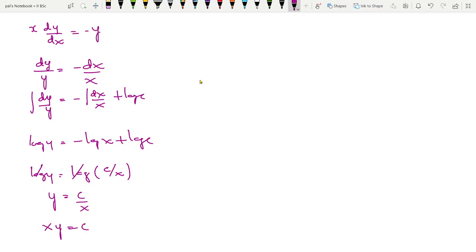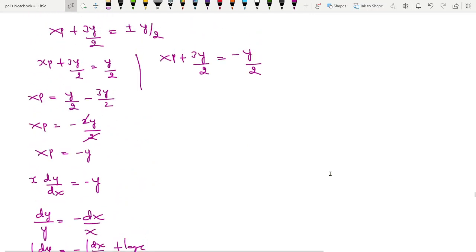Now another solution: simplifying, xp is equal to minus y by 2 minus 3y by 2.